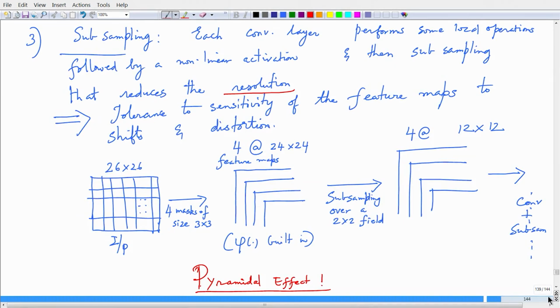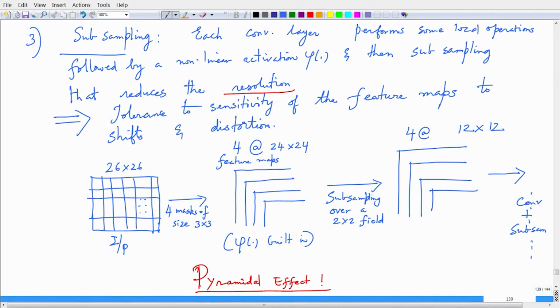The next step would be the subsampling process. Each convolution layer, which is already endowed with this shift invariance property, performs some local operations. What I mean by local operations are filtering operations, and these filtering operations are followed by a nonlinear activation function phi, and then it is followed by subsampling.